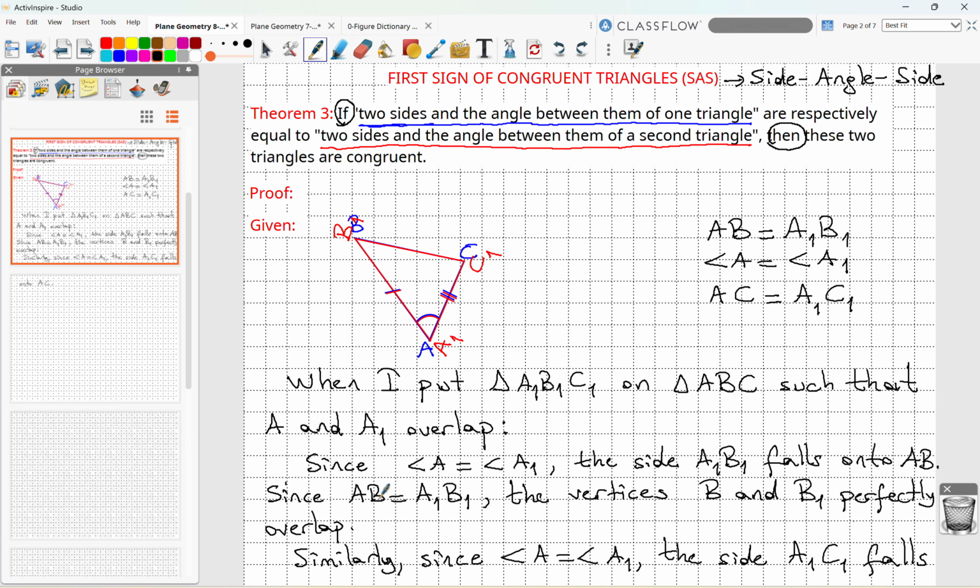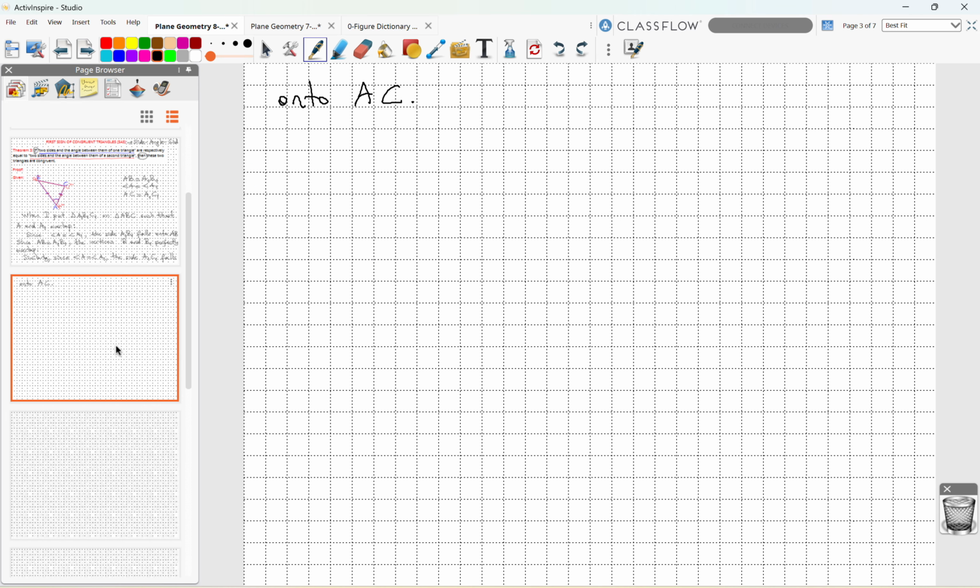And since the length of AC is equal to the length of A1C1, the vertices C and C1 also perfectly overlap.